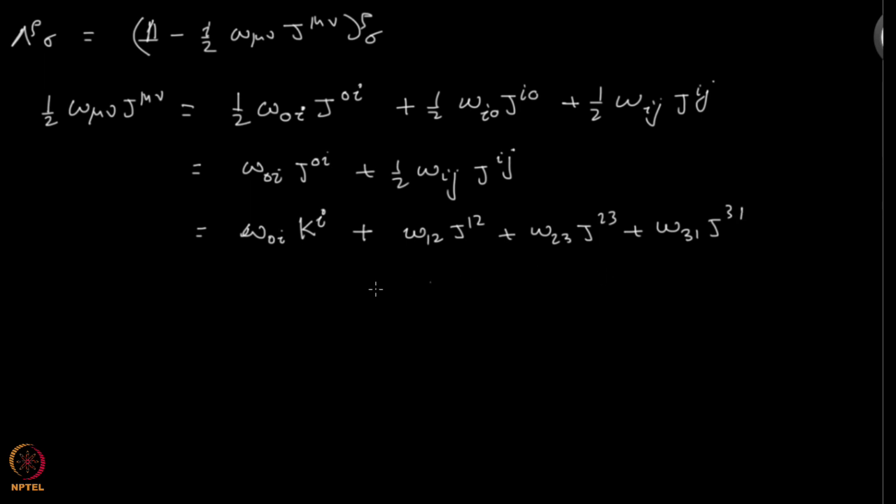And I can just write down this as omega 1 2, and j 1 2, j 2 3 and j 3 1 can be written in terms of j 1, j 2 and j 3. So, this becomes omega 2 3 j 1 plus omega 3 1 j 2 plus omega 1 2 j 3.